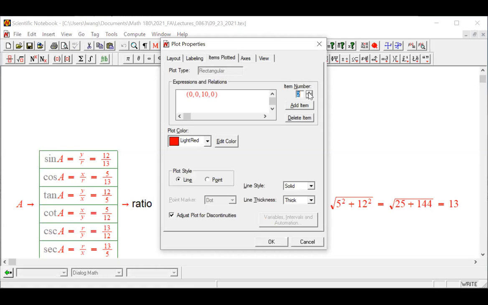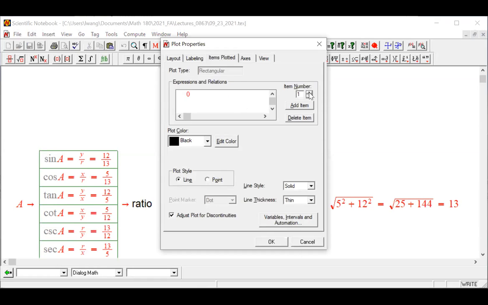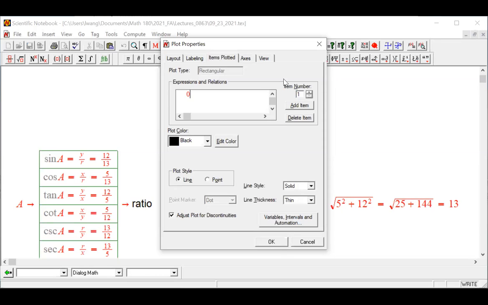So I'm just going to change my point because my 512 has to move.